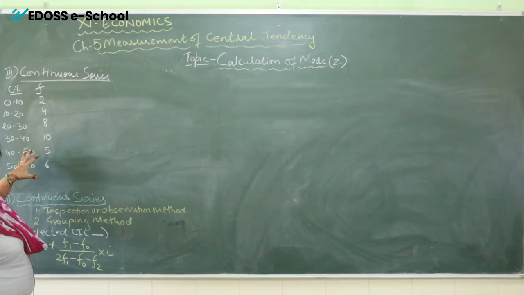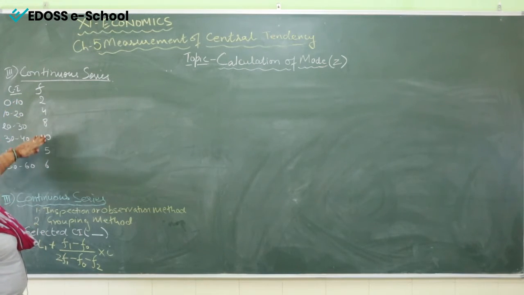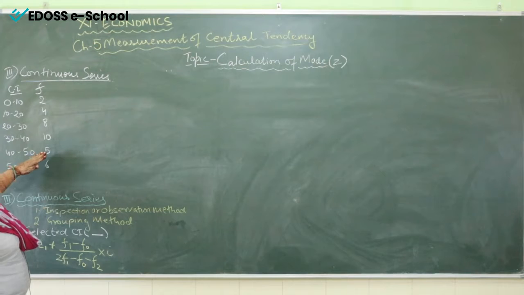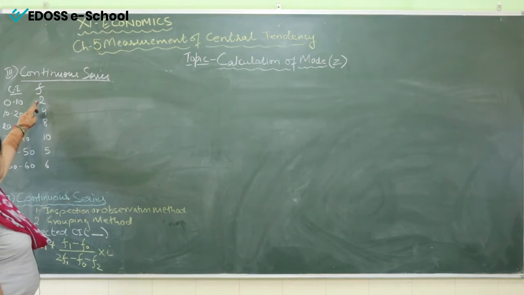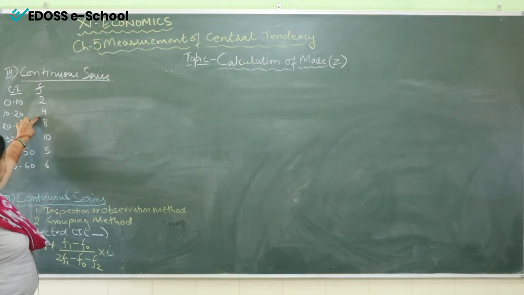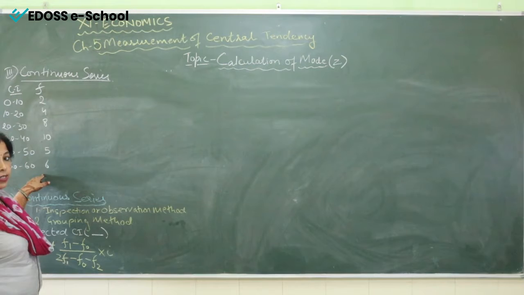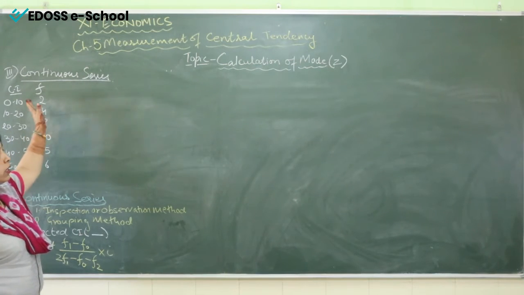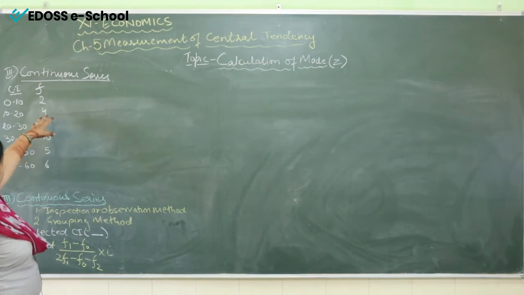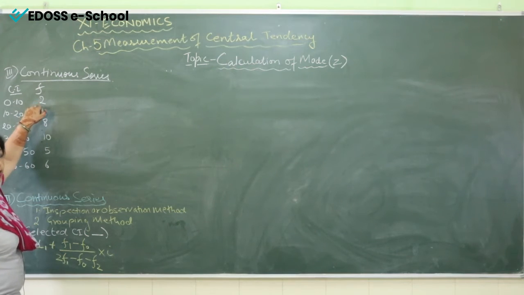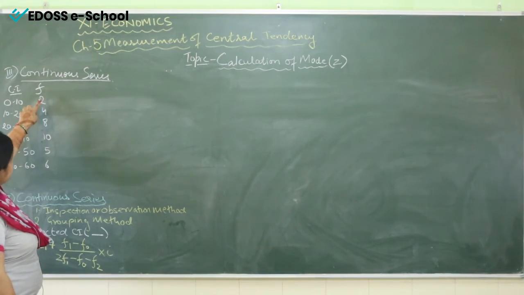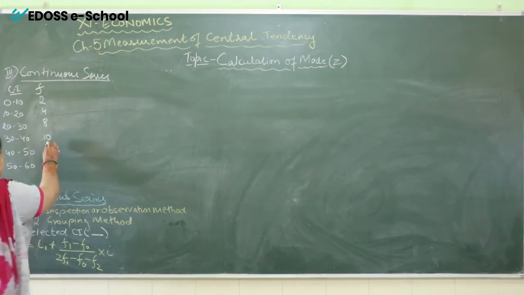This is the sum, and observing this data, we have 0 to 10, 10 to 20, these are the class intervals, and in frequency we have 2, 4, 6, 8, 10, 5 and 6. I have taken the same numbers which I took in the grouping method. That will make it easy for you to understand the concept. So in this, which is the highest number? The highest number is 10.